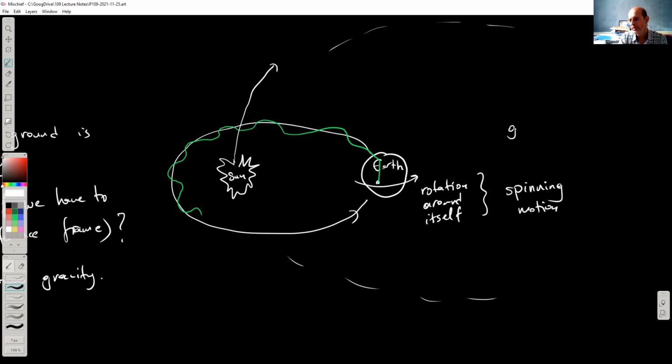That's the center of the galaxy. So the Sun is also doing this circular motion in a certain orbit, and together with the Sun, we also do this. So our real orbit is actually much more complicated than this.